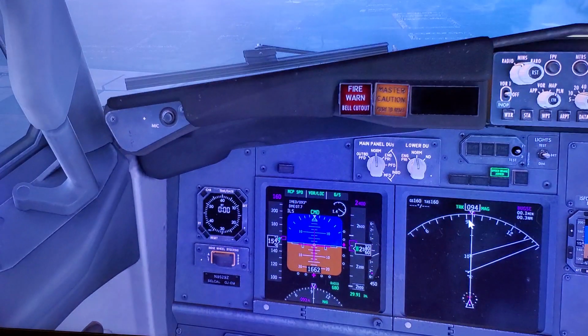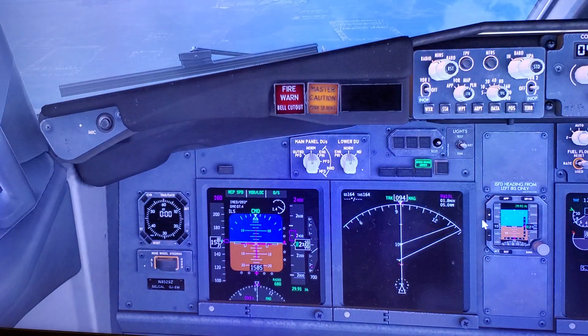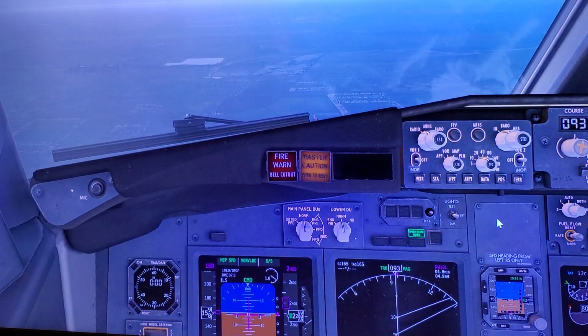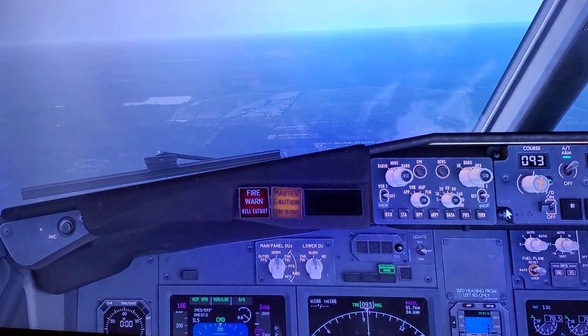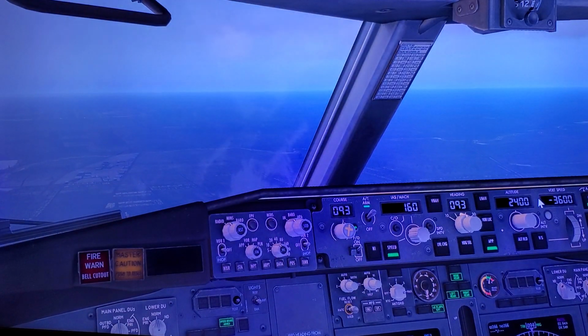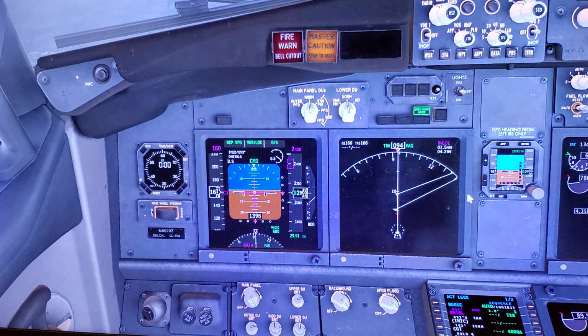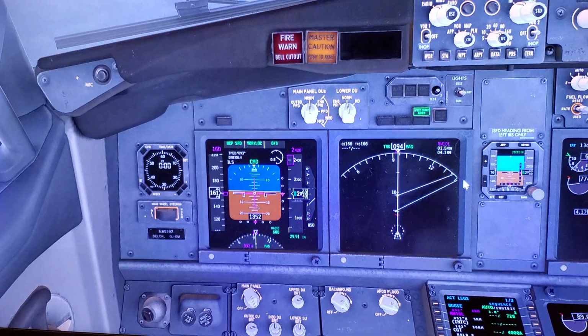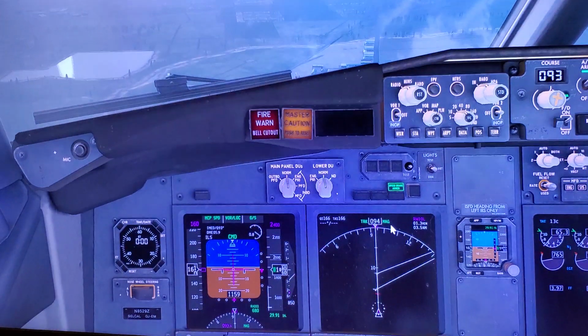Now we are going to land. So we managed speed, a spoiler arm. Two red lights, two white lights, means we are okay.